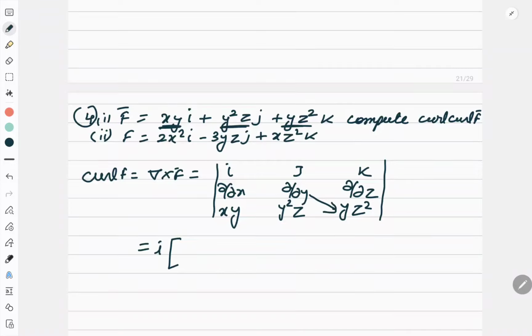Next, i times ∂/∂y of this. Now when you do ∂/∂y of this, what will you get? z². Minus ∂/∂z of this. So ∂/∂z of this is y². Minus j.